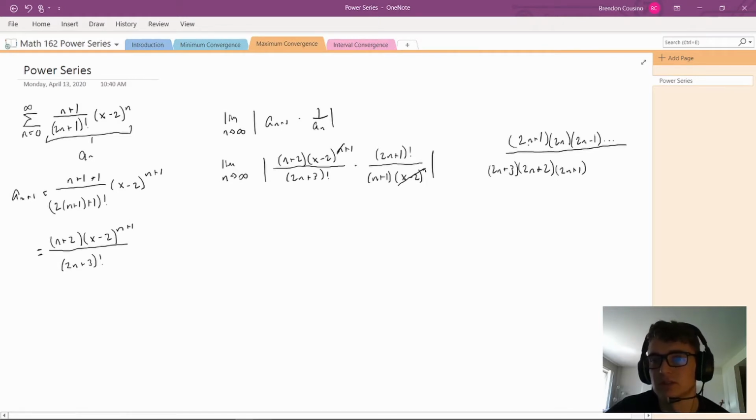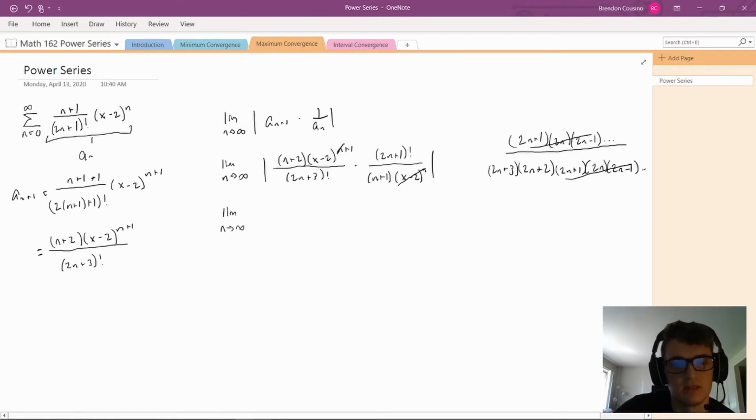If you notice, for factorials we just subtract 1 on each one. And then we'll have a 2n, and then a 2n minus 1, and dot dot dot. So all of these are going to cancel with all of these, and all of the terms to the right are also going to cancel with each other. And then we're just going to be left with a 2n plus 3 in the denominator and a 2n plus 2 in the denominator.